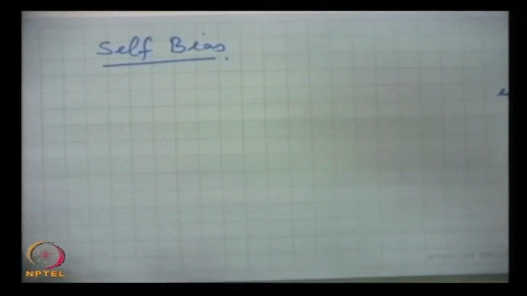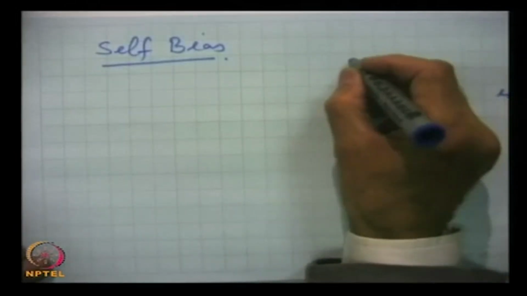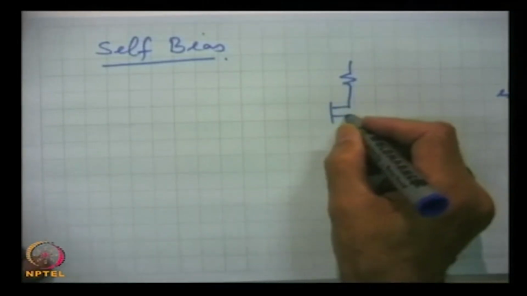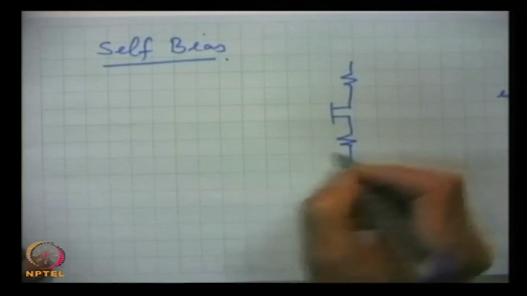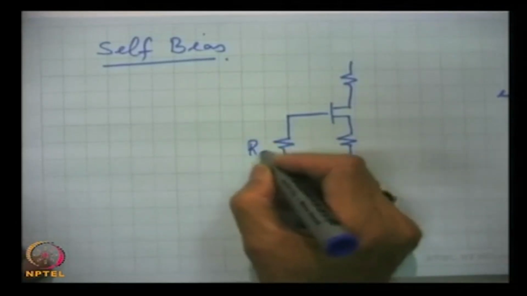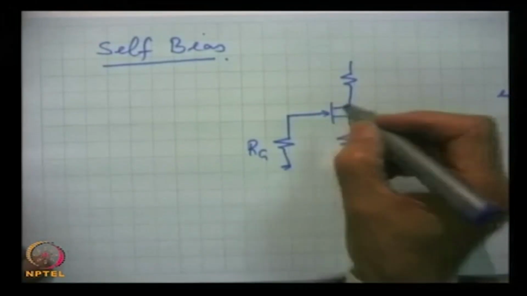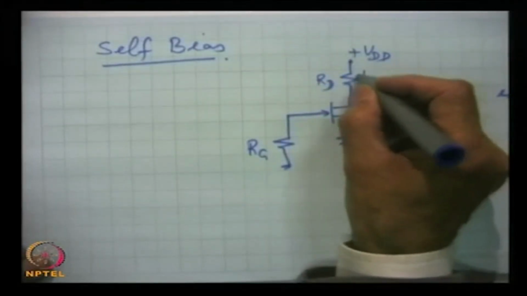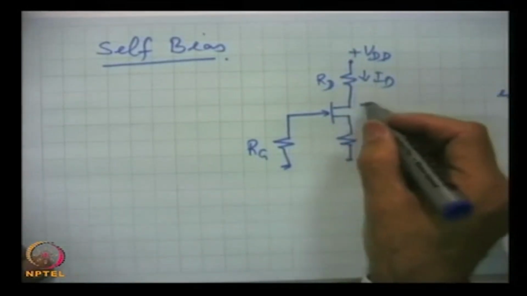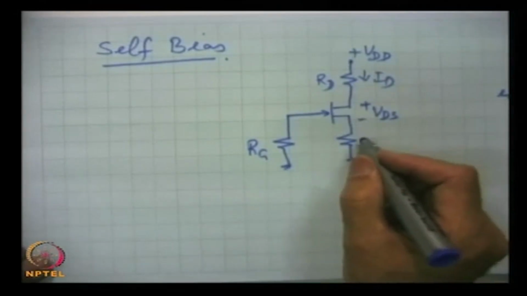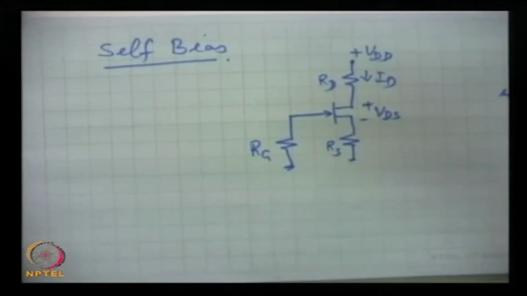Self bias. Here the circuit is simple and this is this. This is the self bias.